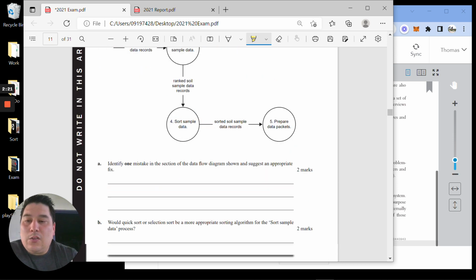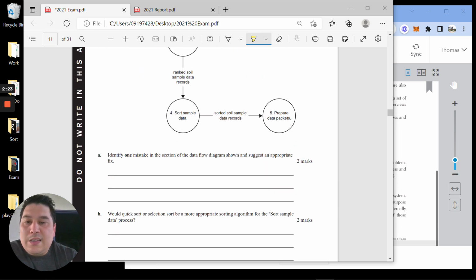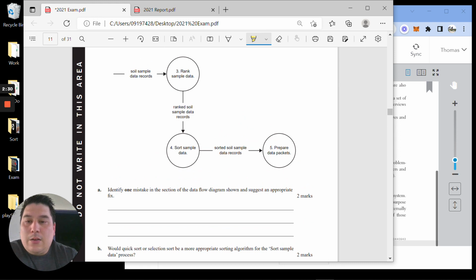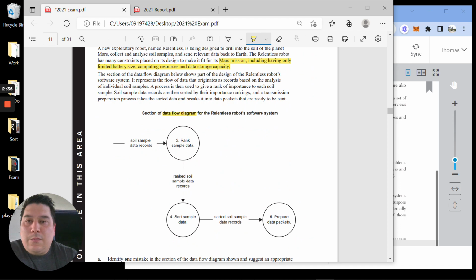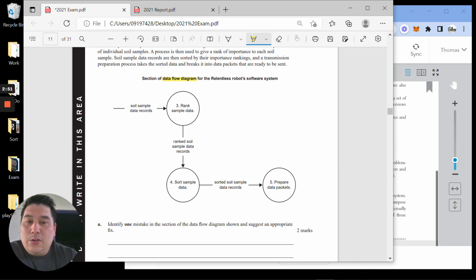Let's have a look at the first question. A. Identify one mistake in the section of the data flow diagram shown and suggest an appropriate fix. One mistake. Well, according to this, if we've read this correctly, this is doing everything it's supposed to, except at the end here, it doesn't stop here. Even though we've just got a little sample of this data flow diagram, it should indicate that it's exiting or going somewhere from here.